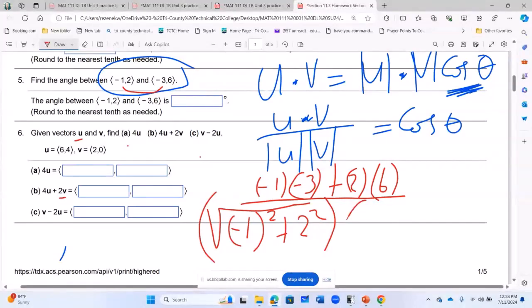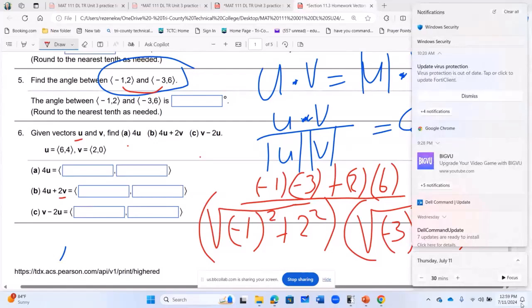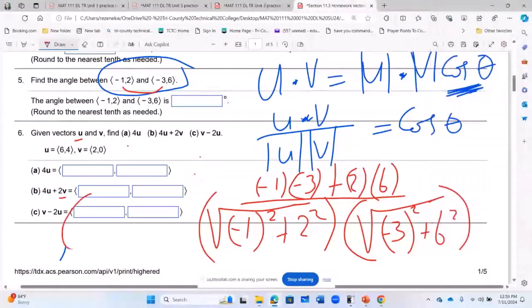Then I'm going to get the magnitude of v. The magnitude of v is -3 squared plus 6 squared. That is the magnitude of v. Okay, therefore cosine of the angle between them is what is there now.